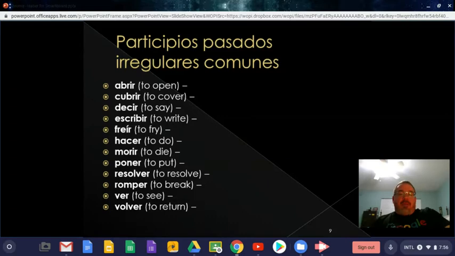With these, you have to have a special spelling. And here it is. So abrir, to open, we're going to say abierto. I have opened the window. Yo he abierto la ventana. Cubrir, to cover. I have covered. Cubierto.